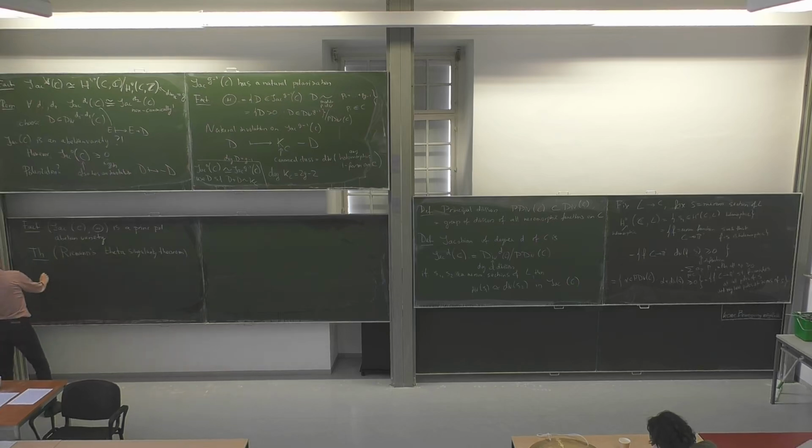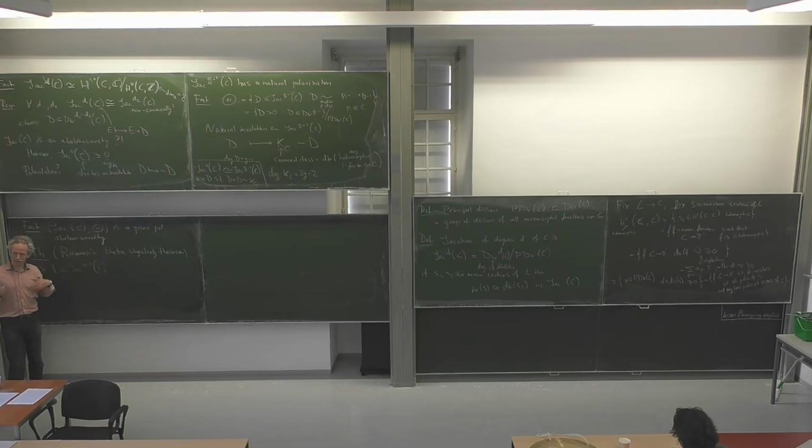So the statement is as follows. For any divisor D in the degree G minus 1 Jacobian of C, you want to know whether this divisor lies in the theta, whether the point D, which is a divisor on the curve C, which is a point on the Jacobian.